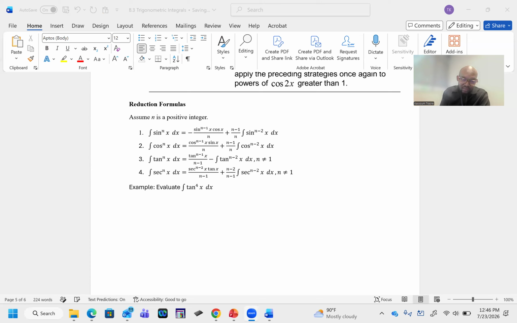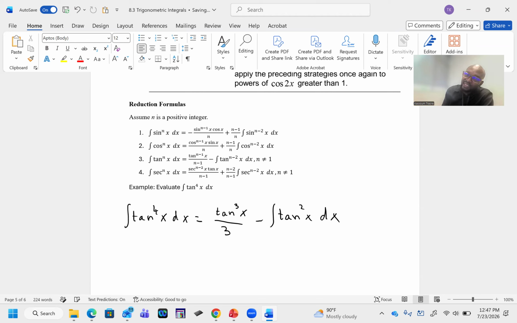So let's do this example, the integral of tangent to the power of 4 x dx, okay? Based on the given information about the reduction formulas, tangent to the power of 4 x dx will be equal to, my n is 4, right? So it will be tangent to the power of 4 minus 1, which is 3, divided by 3, minus the integral of tangent to the power of 4 minus 2, which is 2, x dx.